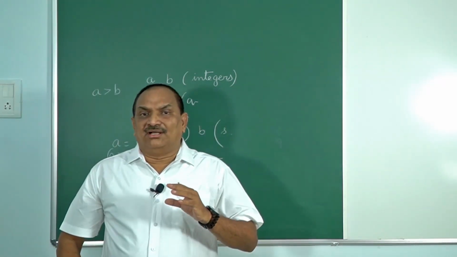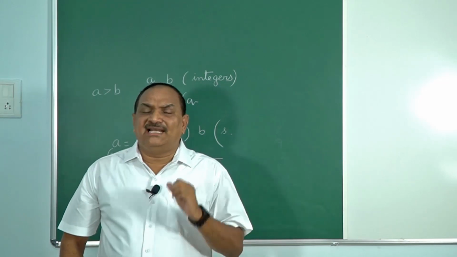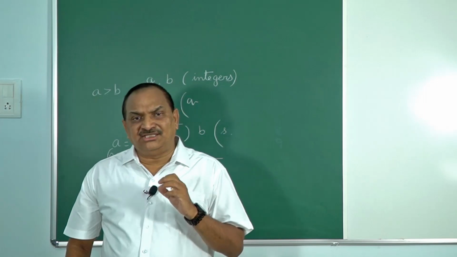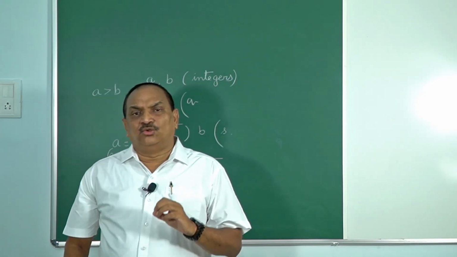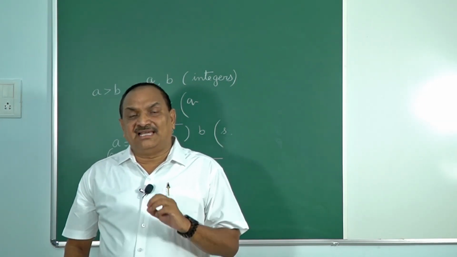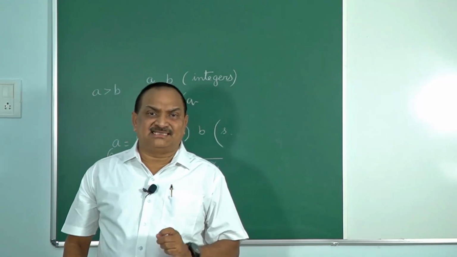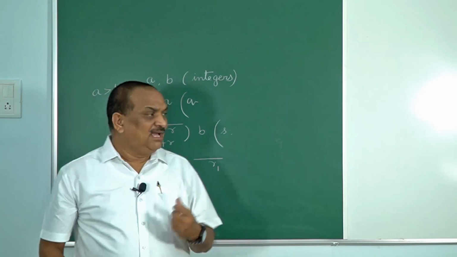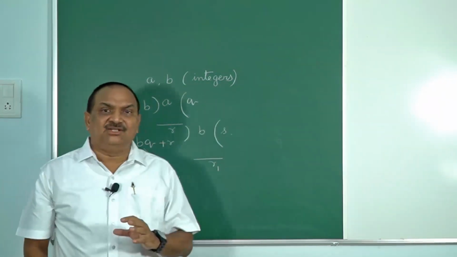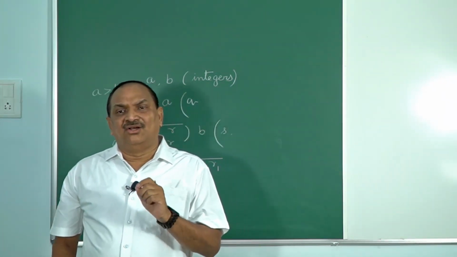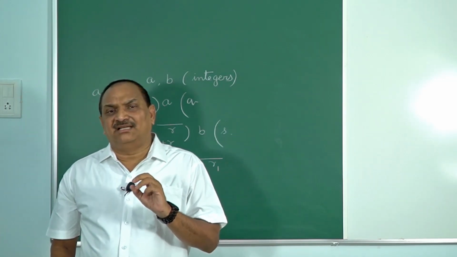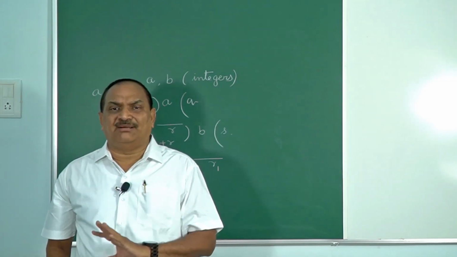So Euclidean division lemma is used to determine the HCF of two numbers. That is an application of that Euclidean division lemma, and this procedure continues, and this procedure we call an algorithm to determine the HCF of two numbers.